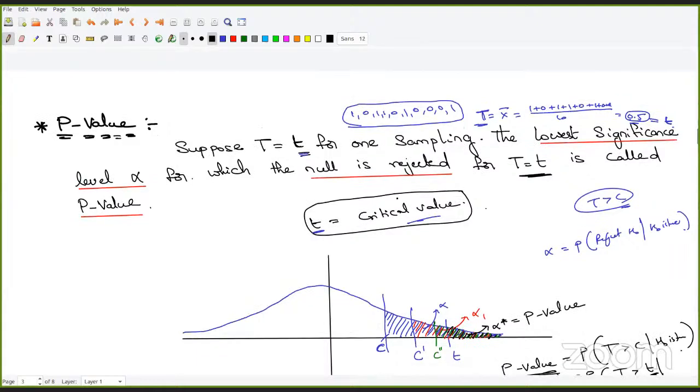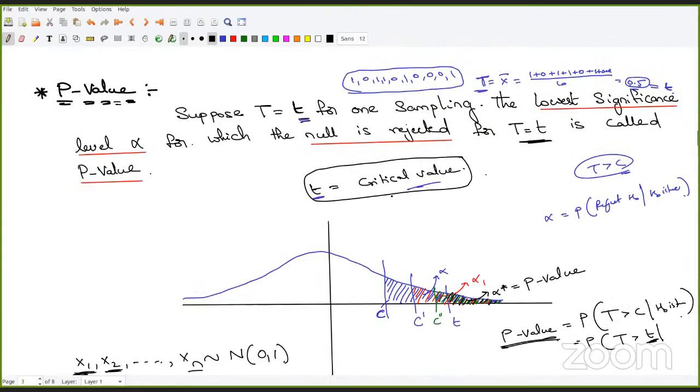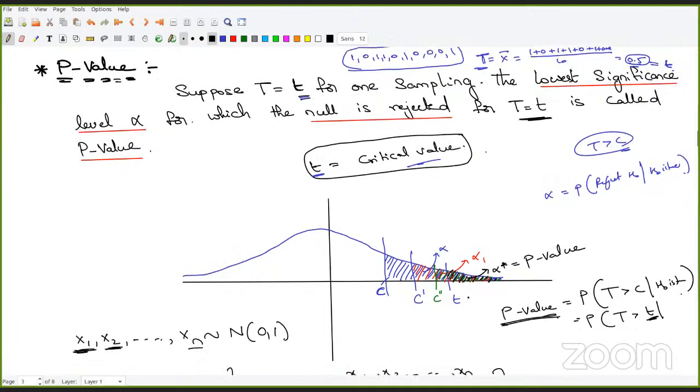Sir, may I say why I had asked about the lowest significance level? Say for example, my alpha is 0.05, right? And if I get my p value as 0.02, I will reject my null hypothesis.